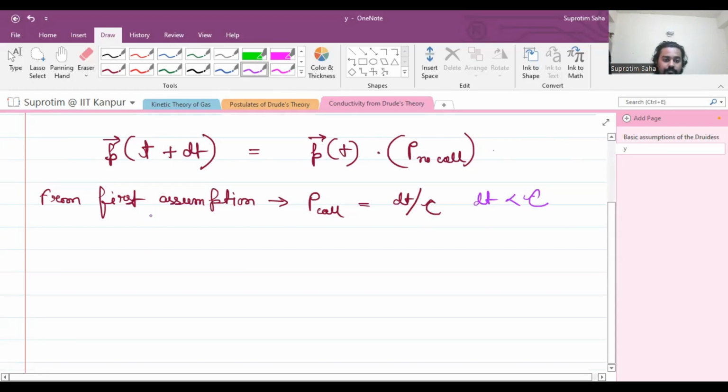So the probability of a collision not occurring is simply 1 minus dt by tau.